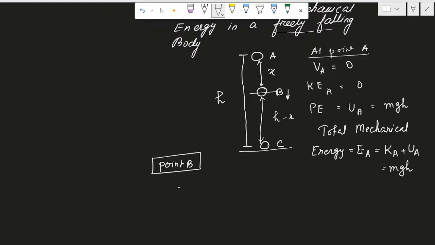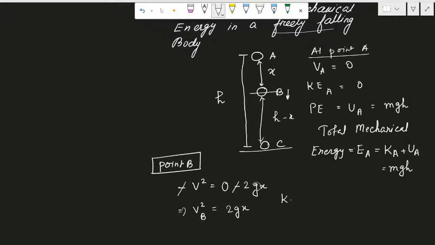So we can say v square is equal to u square, which is 0, minus 2g x, because this g is negative now, that is why it is minus g. So anyway it is getting cancelled, so v square is equal to 2gx. So we can say it is VB, correct? My formula is actually half m v square.